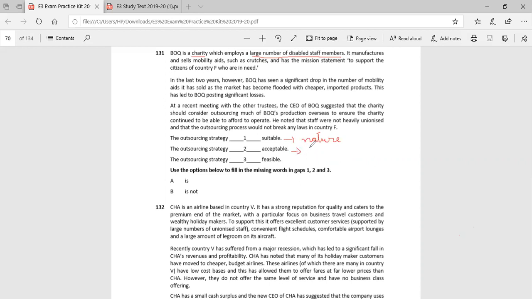Whether it is feasible for them to implement that? Do they have the possibility? Feasibility is about possibility. Feasibility talks about possibility. So is it possible for them to implement that or not?